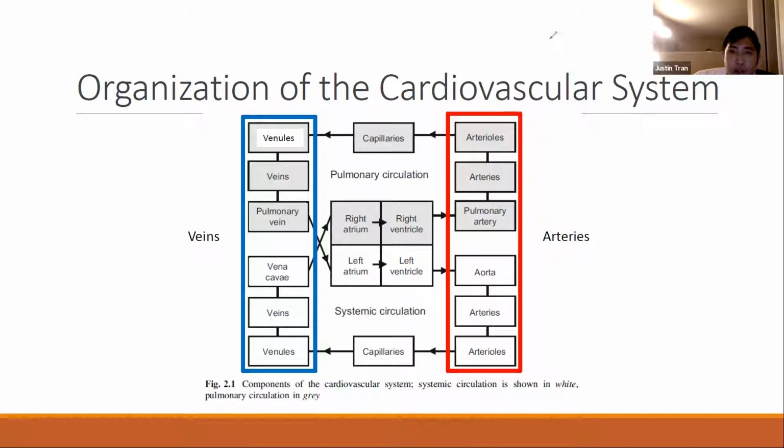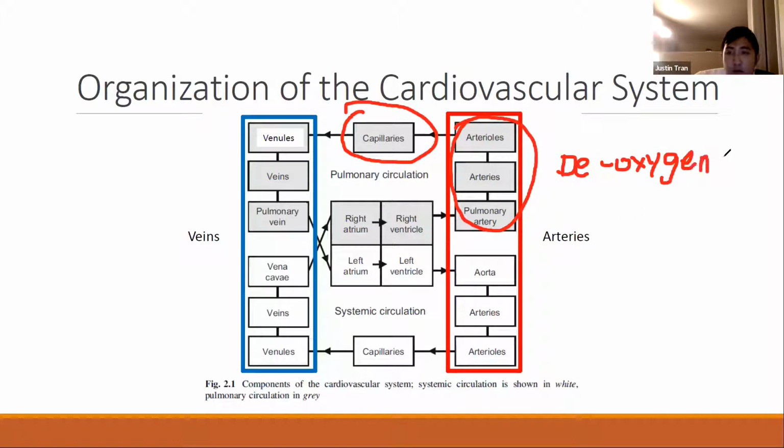The blood doesn't get oxygen until it reaches this point right here. These arteries right here actually are deoxygenated. This is a case where we have an artery that's taking blood away from your heart that does not have any oxygen.